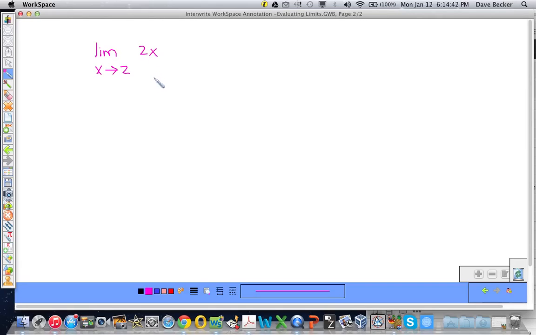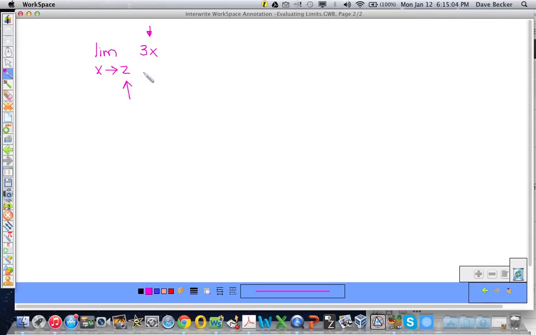Remember, the limit is the behavior or the value of the function as x approaches the given value that we're going to use. In this case, it is 2. I'm going to change this to 3x just so we don't get the 2's mixed up. The limit as x approaches 2 of 3x.